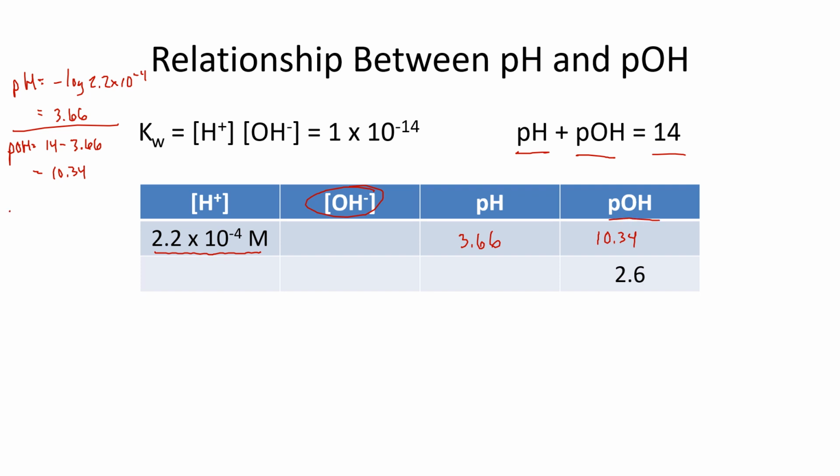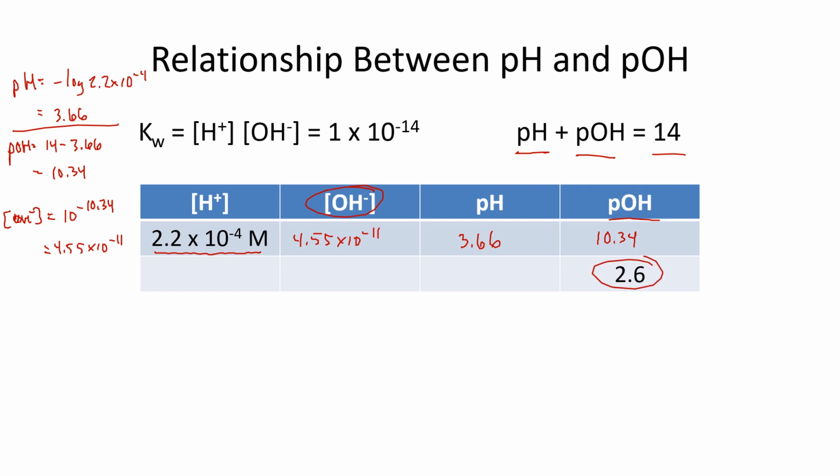A simple way to do that then is the hydroxide concentration is going to be 10 to the negative 10.34. And if you put that into your calculator, you end up with 4.55 times 10 to the negative 11. There you go.